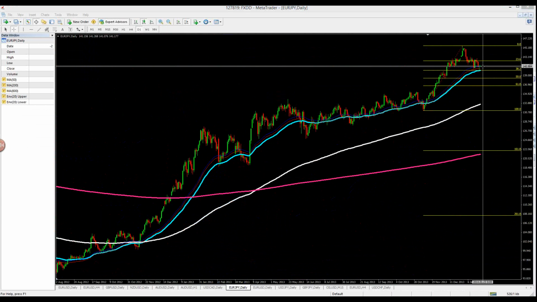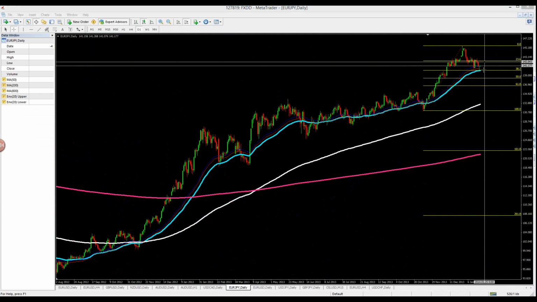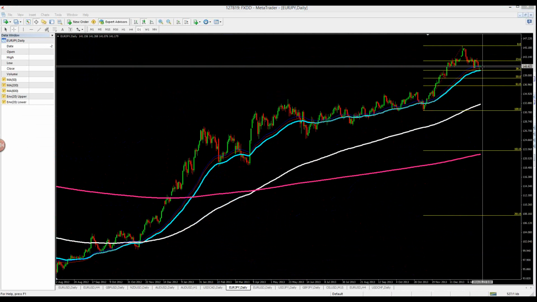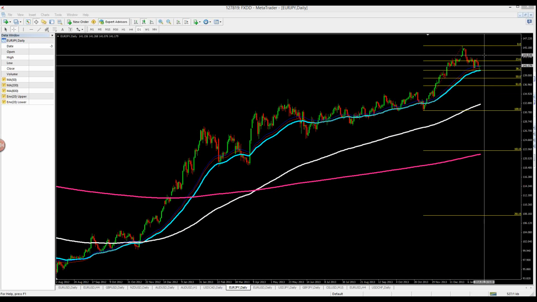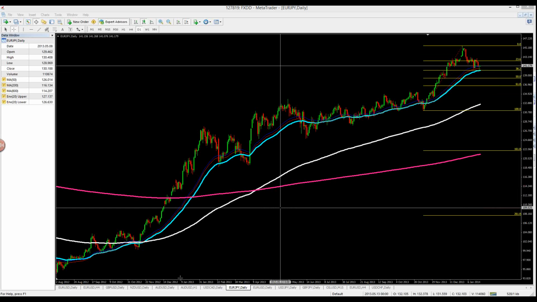So from where we are at 141.00 to 142.50, with about a 75 pip stop loss here, 75 pip stop loss, 150 pip potential profit, 2-to-1 ratio as far as reward to risk.